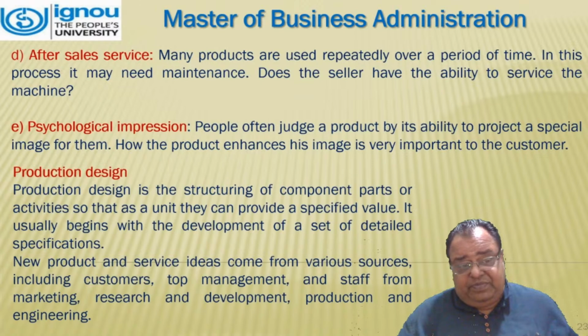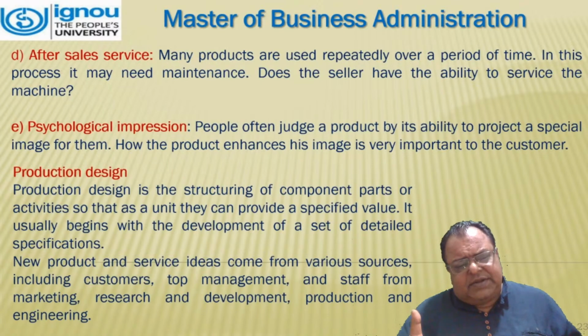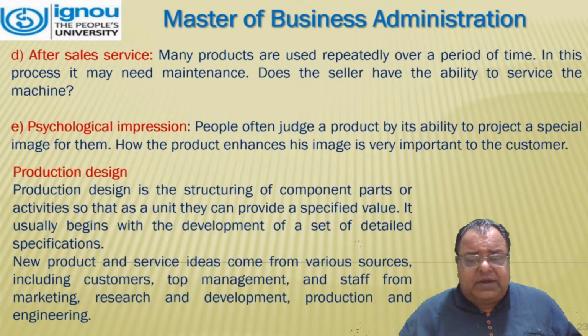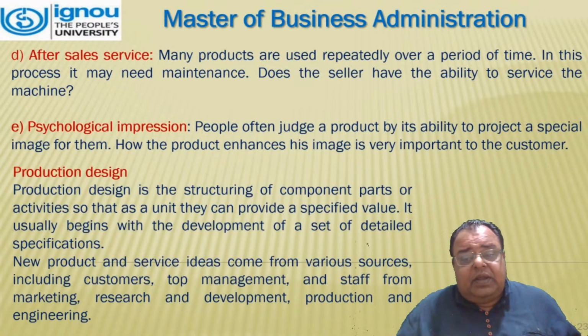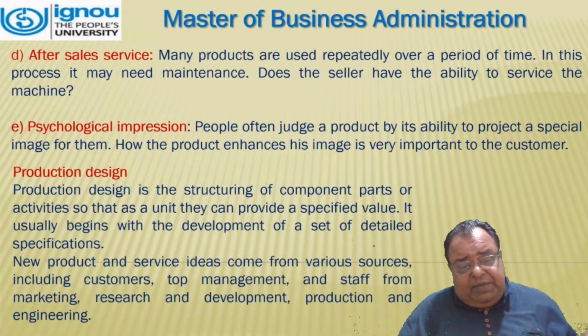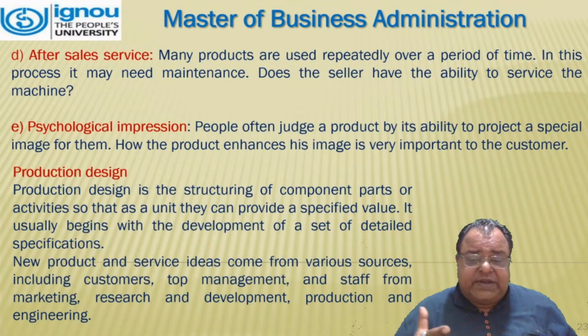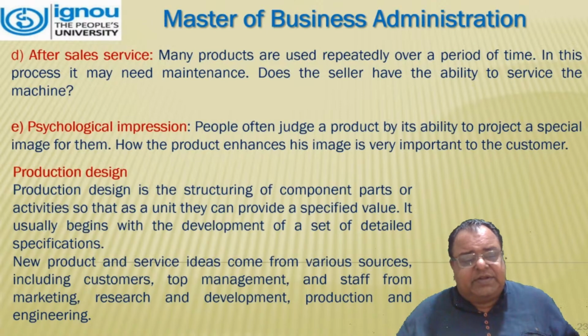Production design. Next part is here, the production design is the structuring of component parts or activities so that as a unit they can move a specified value. It usually begins with the development of a set of detailed specifications.